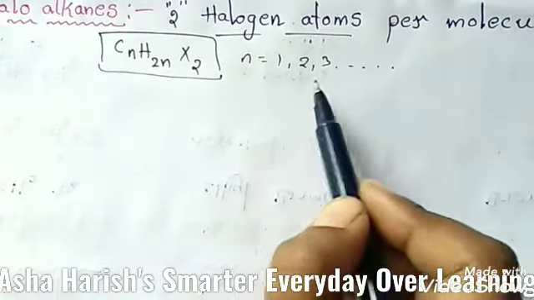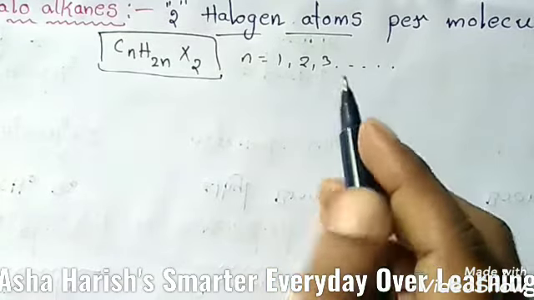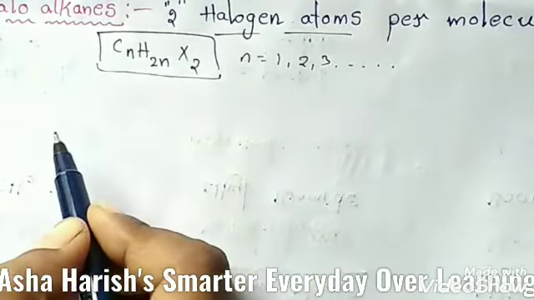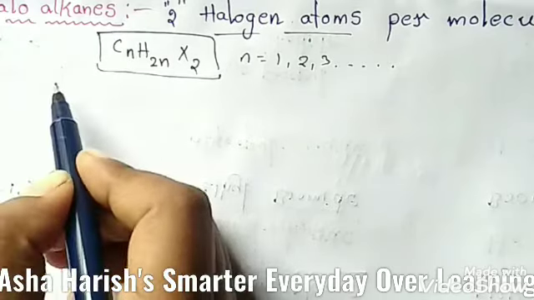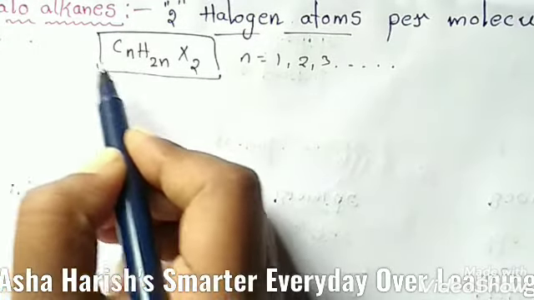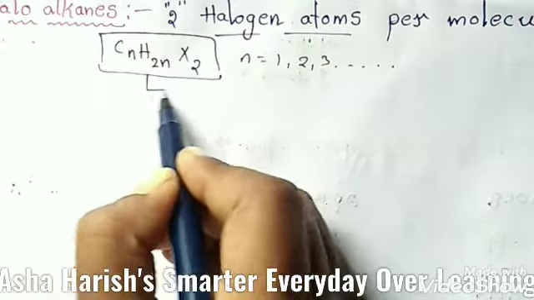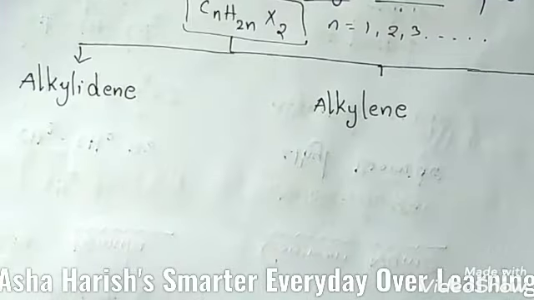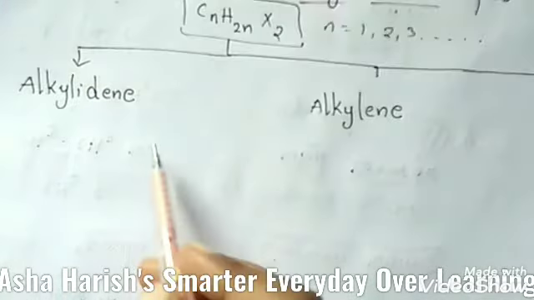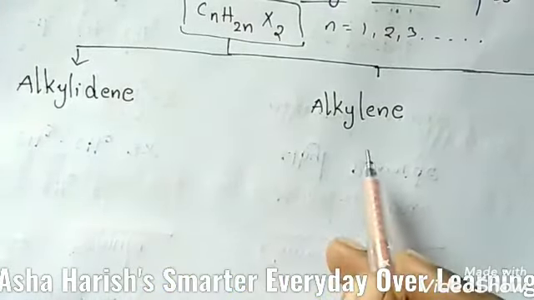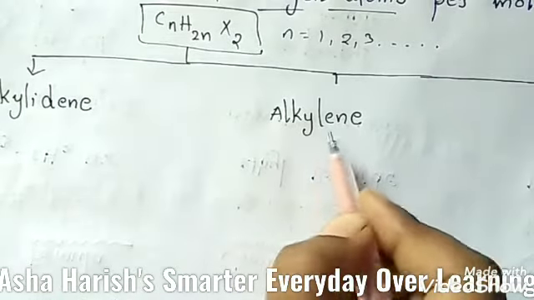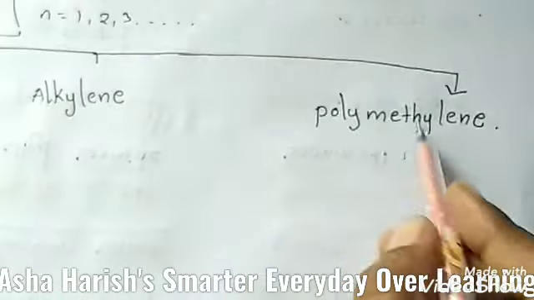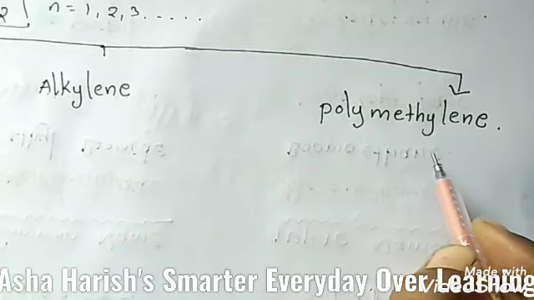Here also, students, we have common names. For the purpose of naming the dihalogen derivatives of alkanes, these can be divided into three types. The first one is alkylidene dihalides, the second one is alkylene dihalides, and the third one is polymethylene dihalides.